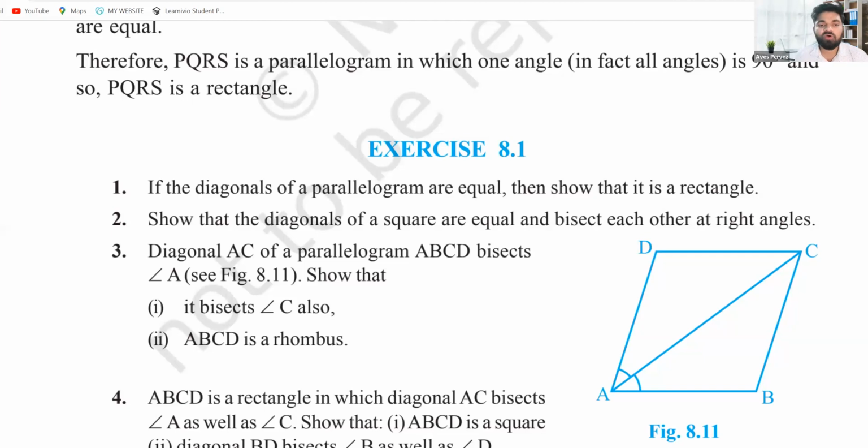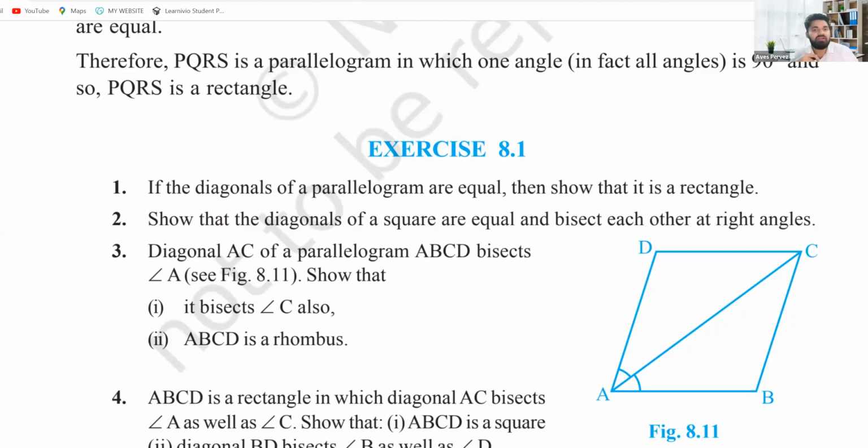So for proving a parallelogram to be a rectangle, what are the minimum conditions that we require? Check in your notebook. We have done this one. How can we prove a parallelogram to be a rectangle? You know that if a parallelogram has equal diagonals, then it is a rectangle.